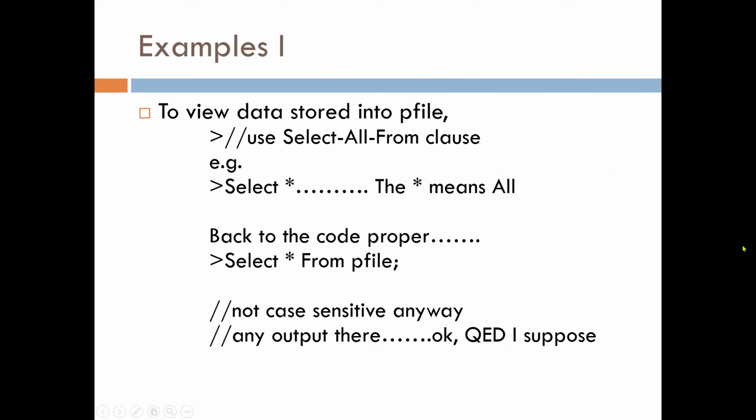To select all from, when you see that asterisk, that means select all. So in order to select all from that place, you do select asterisk from P file and it'll select everything from that and show it to you. It's not case sensitive.